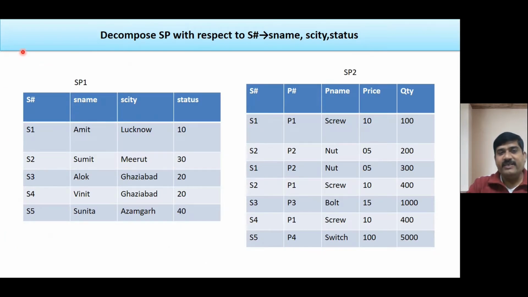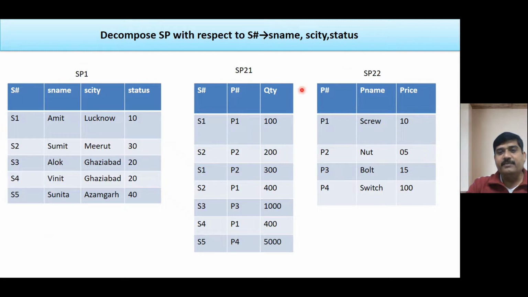Here see, first we decompose SP into SP1 and SP2. Here this table SP1 is in second normal form, but SP2 is not in the second normal form. So again we split SP2 into SP21 and SP22, and now all the tables or relations are at least in second normal form.